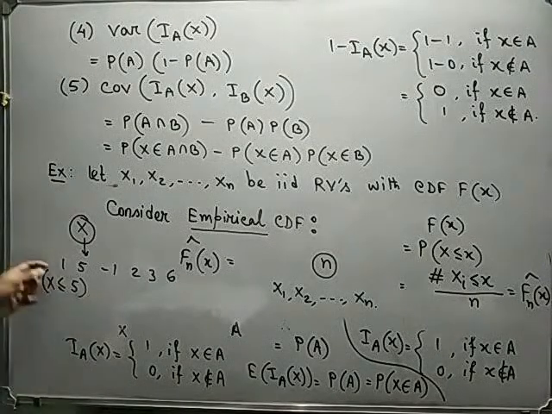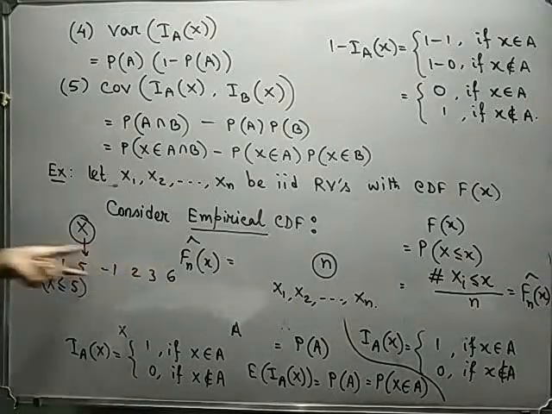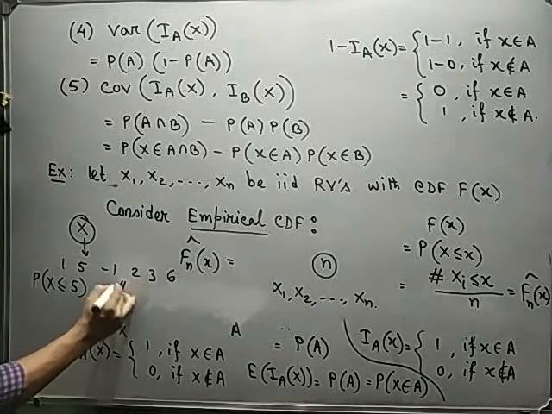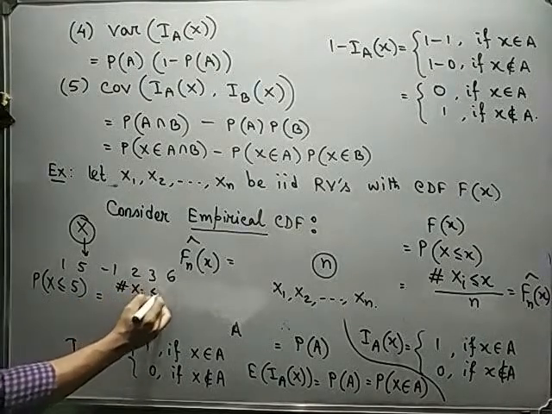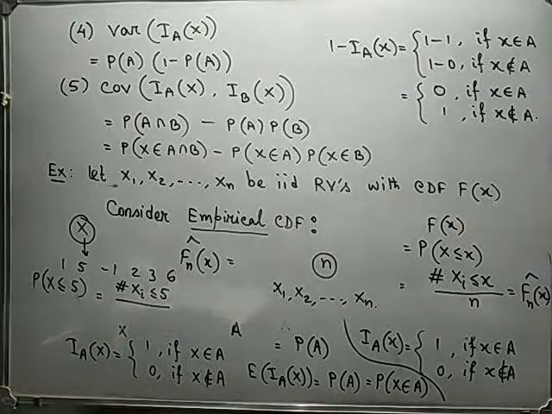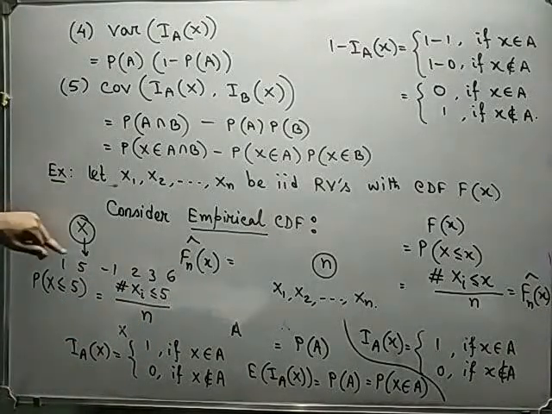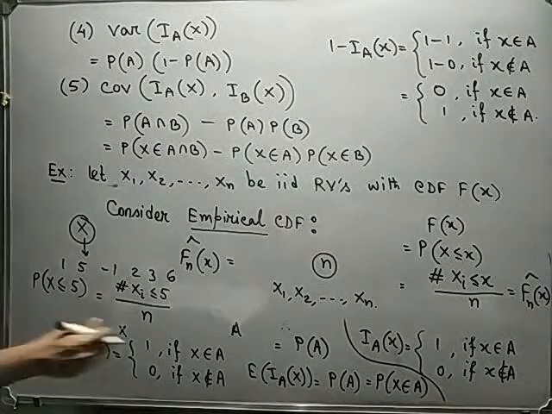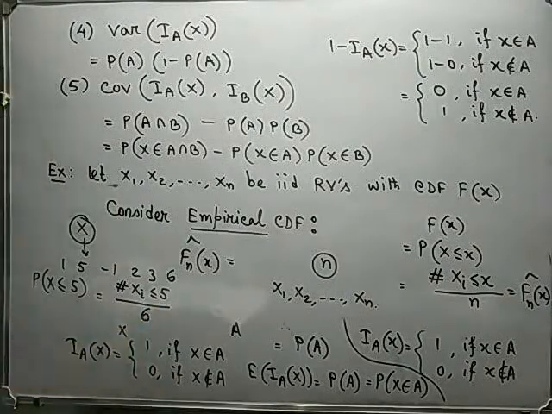We have to calculate it using this sample only. We just have to check the number of xi values less than or equal to 5 divided by the total number of values. The total number of values is 1, 2, 3, 4, 5, 6, so n will be exactly 6.